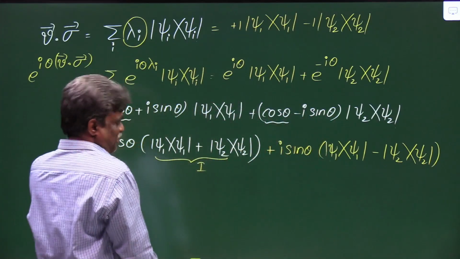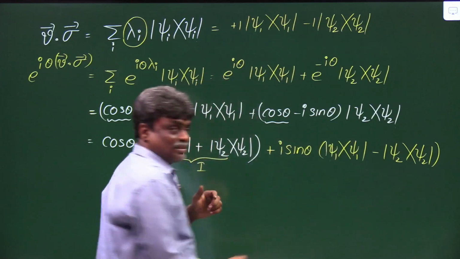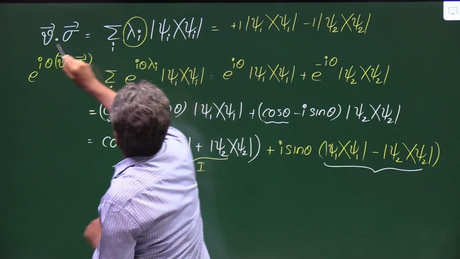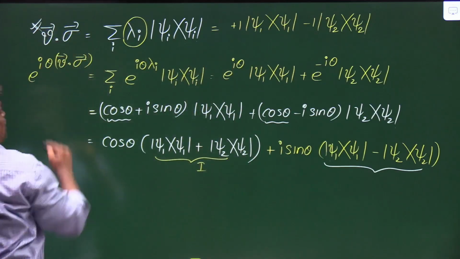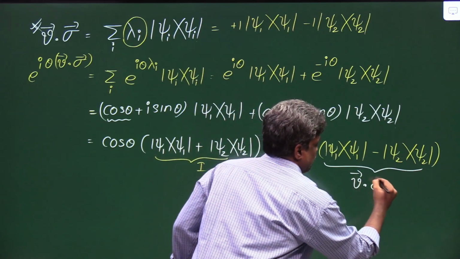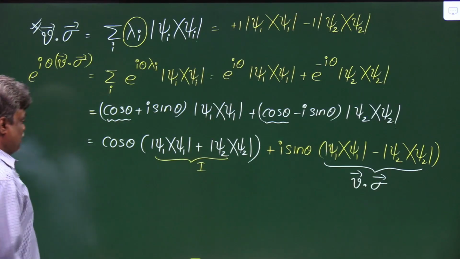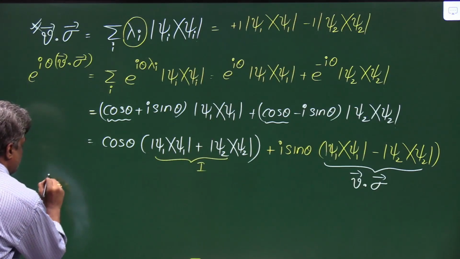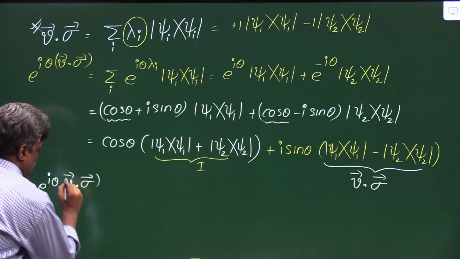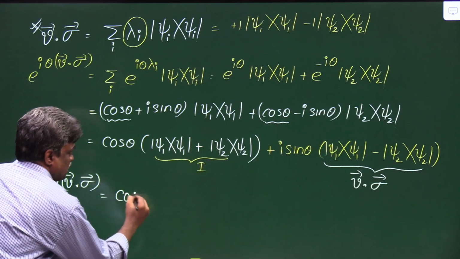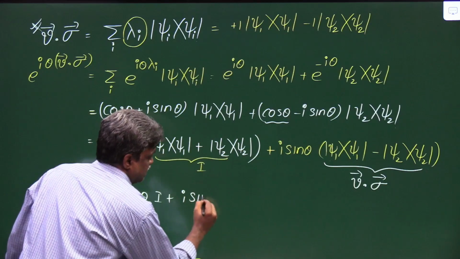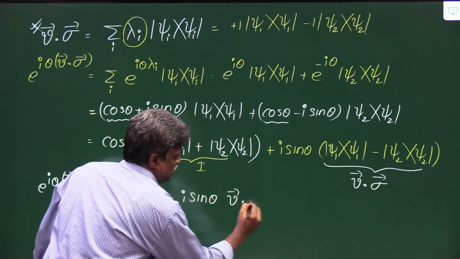Now if you observe carefully, this last one is nothing but our V bar dot sigma. So we got e raised to iota theta V bar dot sigma equal to cos theta identity I plus iota sin theta V bar dot sigma.